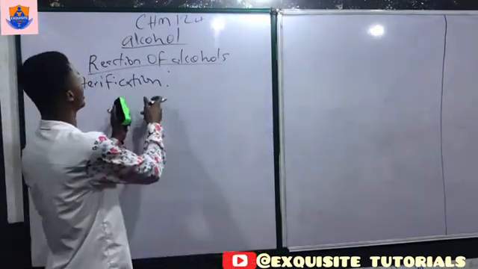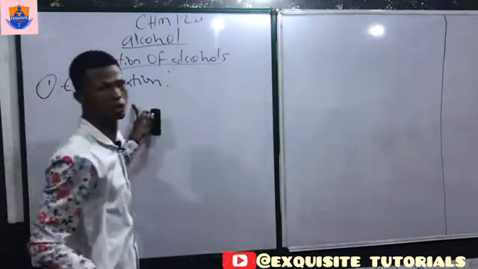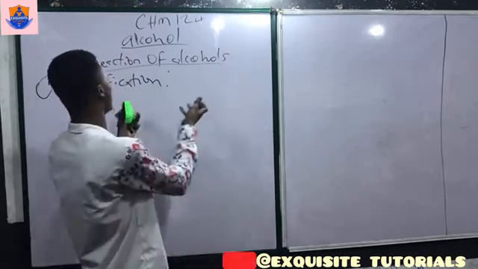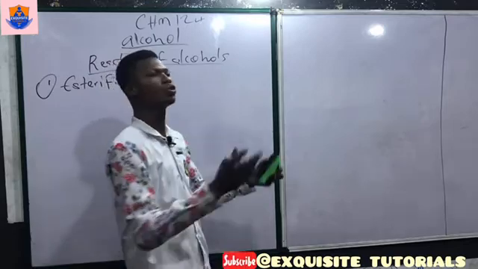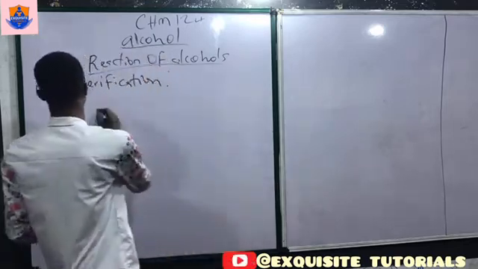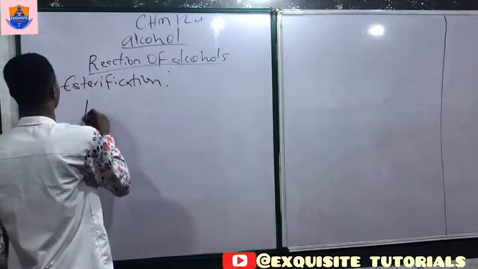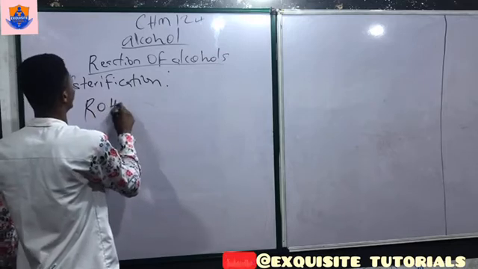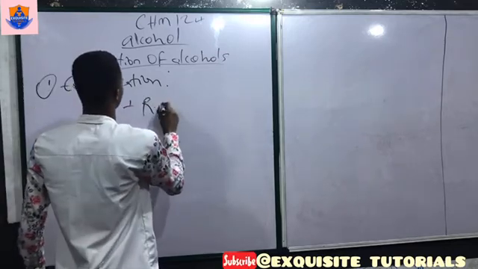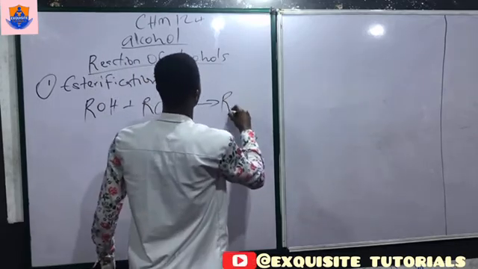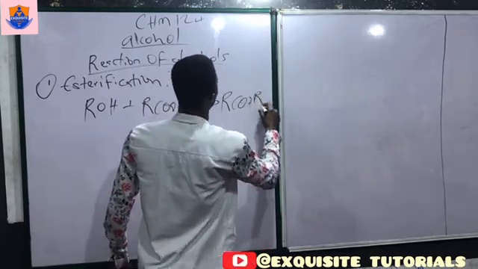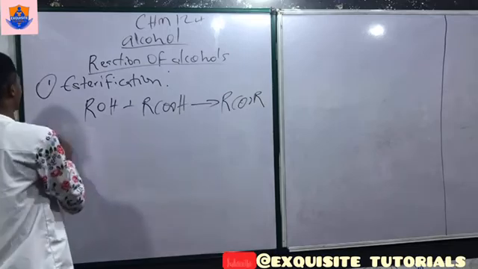So esterification is the opposite reaction of saponification. This is a reaction whereby alcohols react with carboxylic acid to give esters. Let's say this is your alcohol, ROH, plus your carboxylic acid, RCOOH. This will give esters, RCOOR.